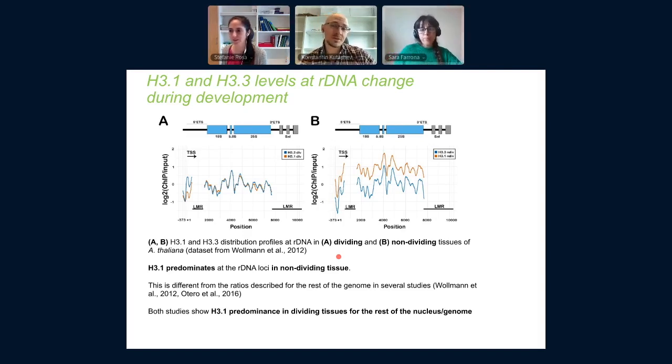Basically the assumption is that in dividing tissues, there will be more of these active rDNA repeats, because the leaf needs to expand. So there should be some differences, and we indeed detect some.